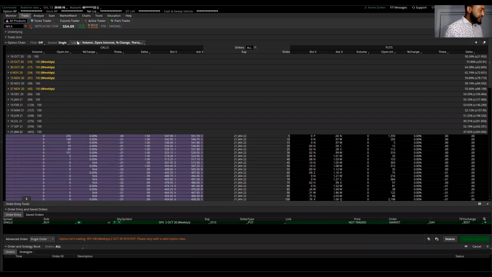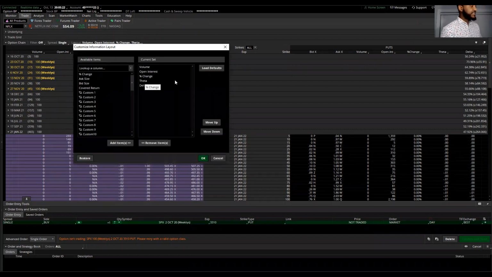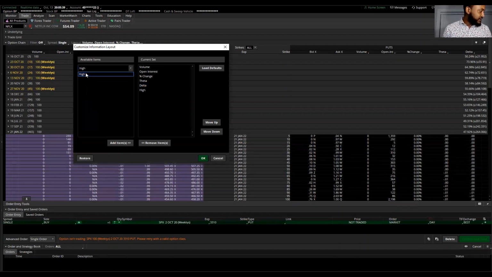So in your options chain, you can click Layout right here. And from Layout, you click Customize. What this is going to do is allow you to import any column that you'd want to see on your options chain. You'll see on mine: volume, open interest, percent change, theta, delta. Also, two that I like to have are the high of that contract as well as the low of that contract.